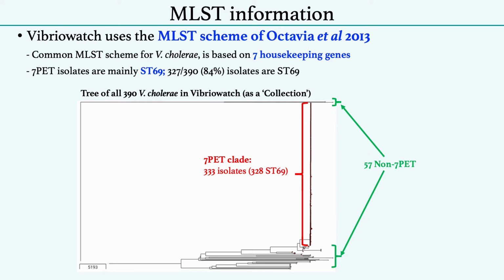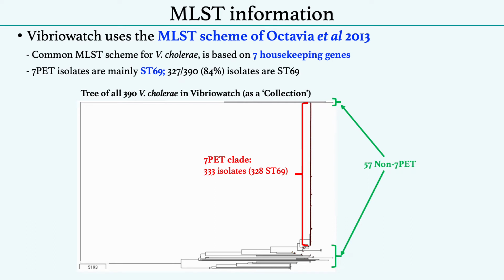This scheme is based on 7 housekeeping genes, and if 2 isolates have identical sequences at those 7 genes, they will have the same sequence type, while if they have very different sequences at the 7 genes, they will have a different sequence type. The 7 pandemic isolates are nearly always sequence type 69 in the Octavia scheme.